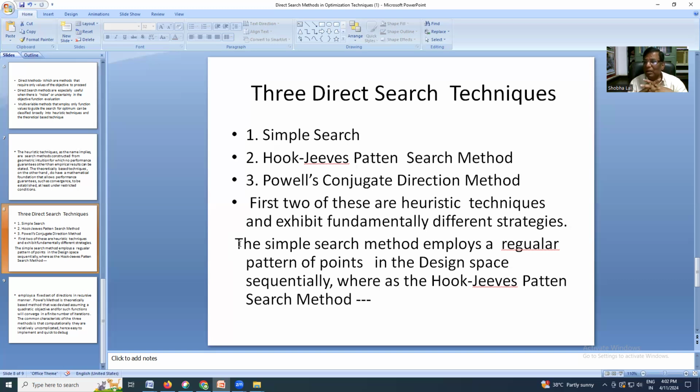So regular pattern of points means what? All the consequences are before you, and the design space is also before you. In that case, as a wise engineer, you are supposed to use simple search method.